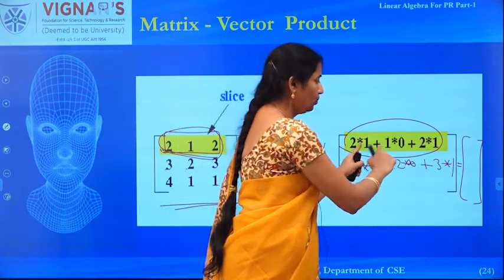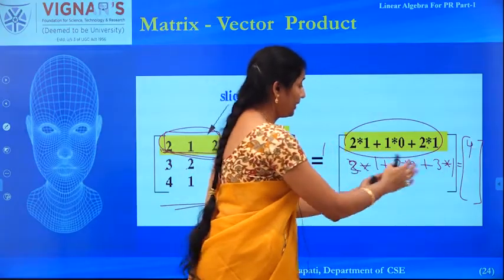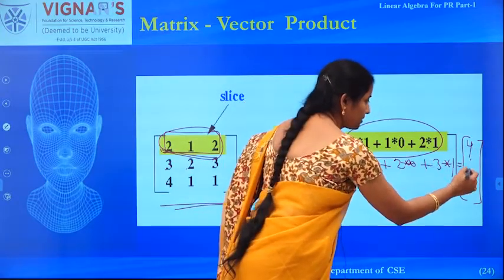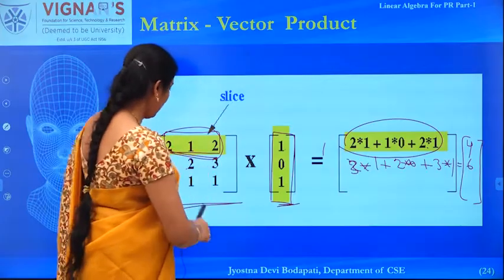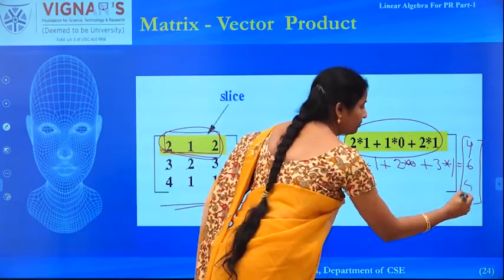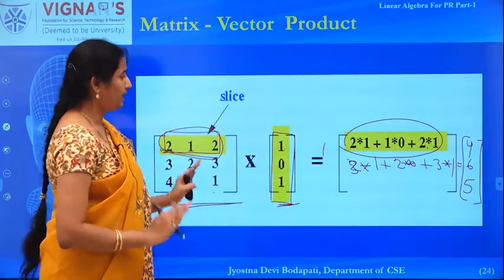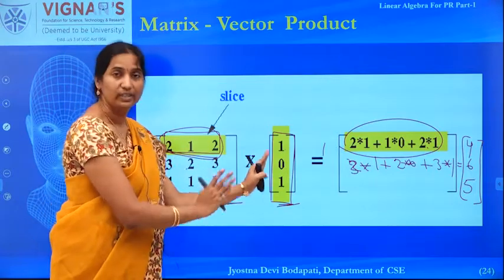For the first element, 2 plus 0 plus 2, it is 4. The second element, 3 plus 3, it is 6. Similarly, the last element is 4 plus 1, it is 5. So it's a vector. That is how you can multiply a matrix with a vector.